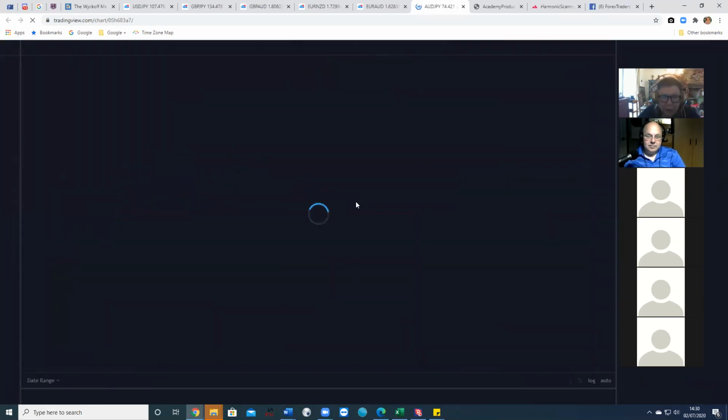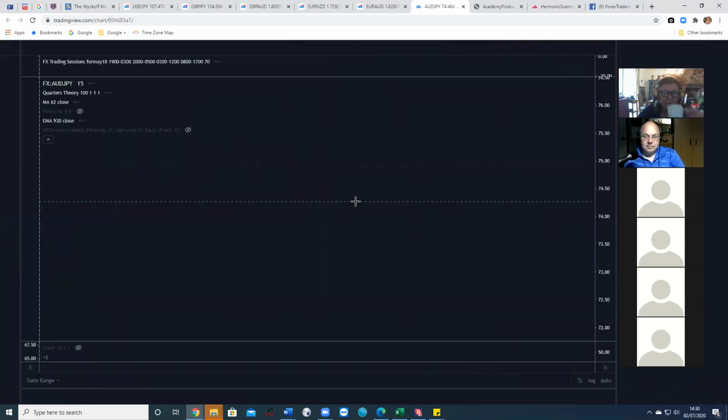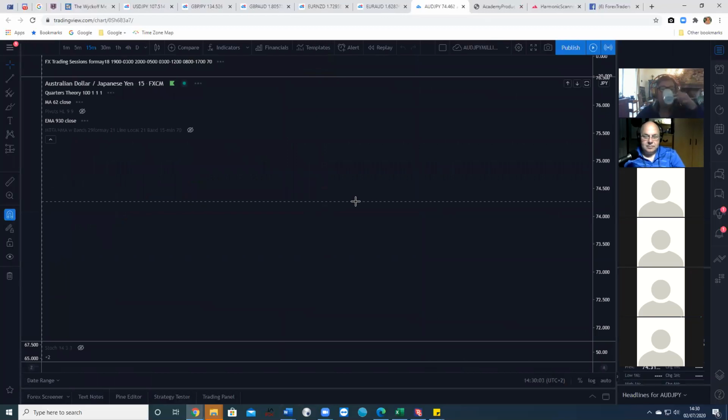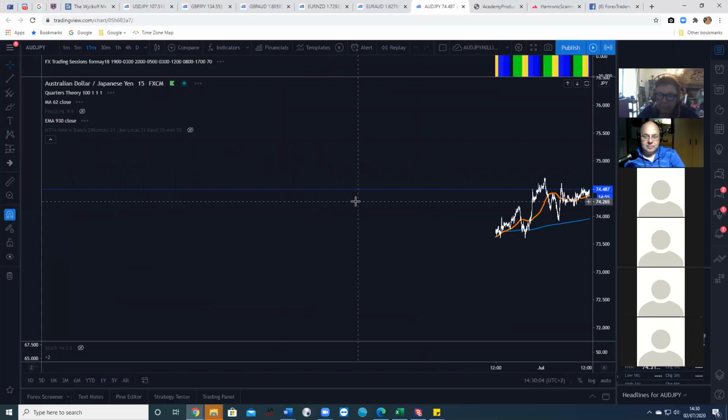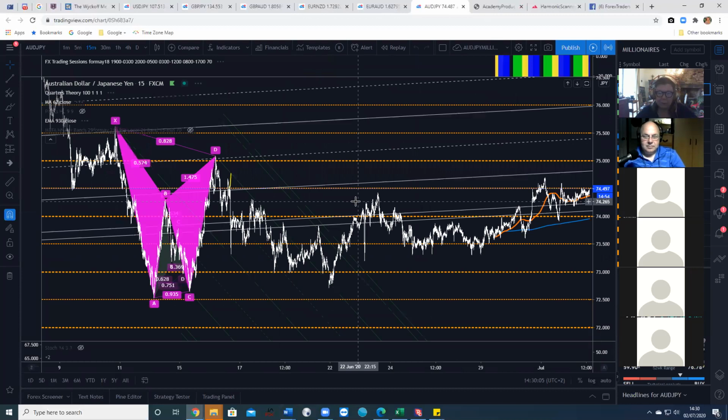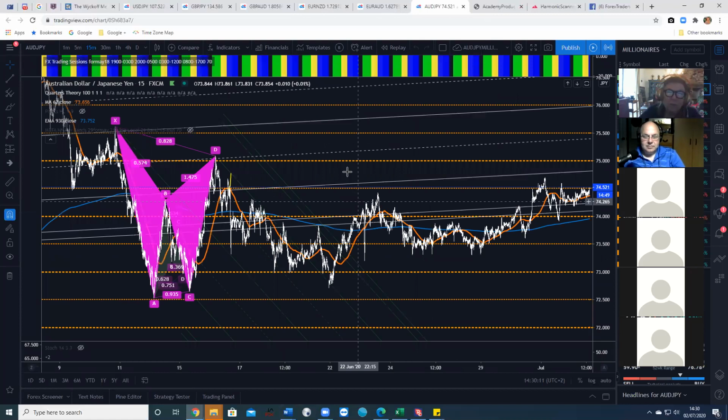Or JPY. Do you do the alternate pitchforks per se, or do you only use those if it's going in a different direction? You only put a second pitchfork on if price has moved out of the scan, and it must go in the different direction to the current scan. Okay, thanks.